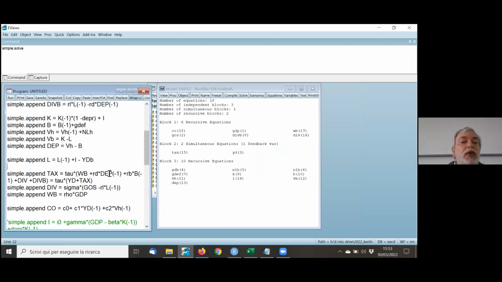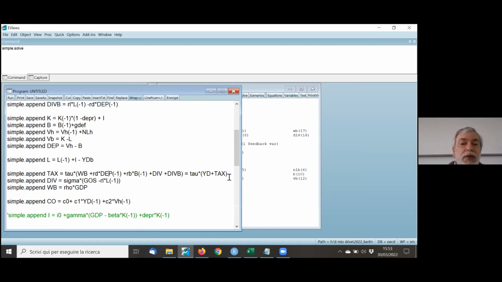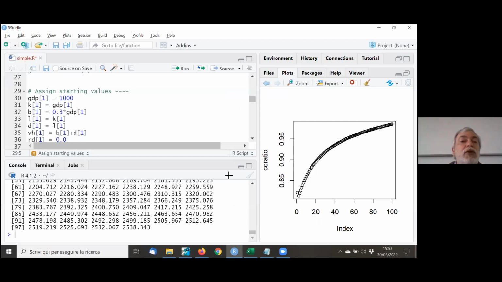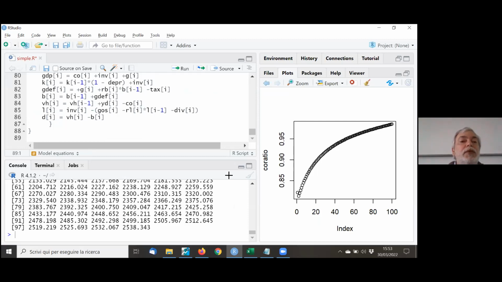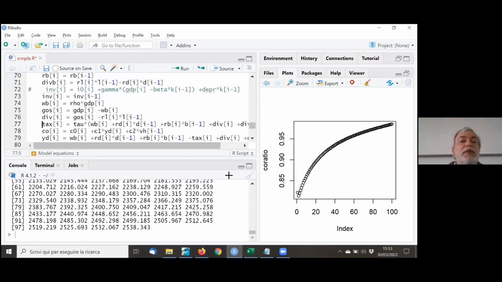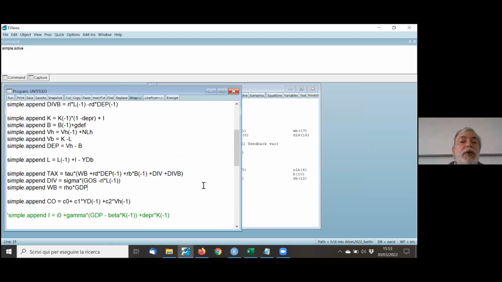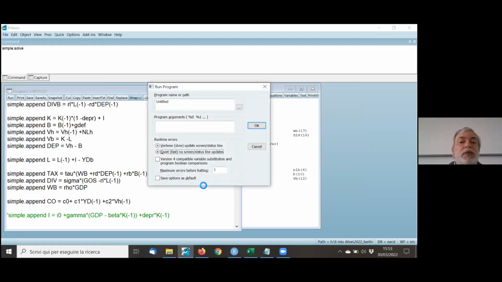Oh, but this is where I have a problem. Don't know whether the problem is also in R, but I don't think so. I did a copy and paste from my text file.